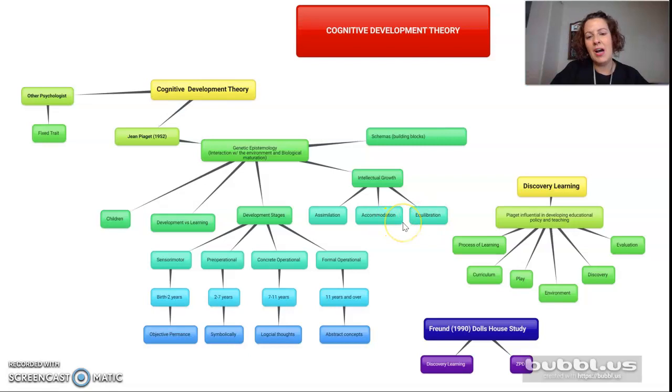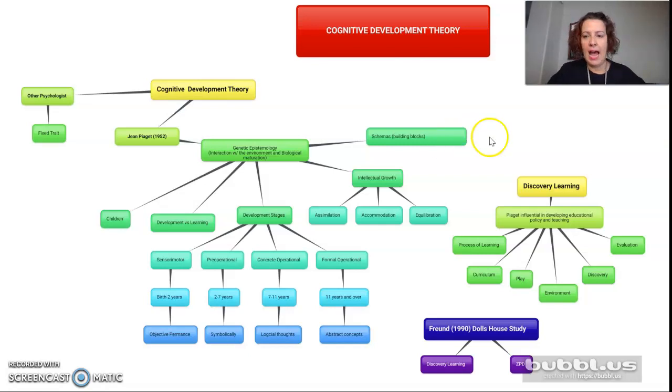You may not be doing a lot of the accommodation aspect of it, but if you are, you're doing it not as often, because if there's not equilibration, then you have disequilibration. So once again, the intellectual growth: assimilation, accommodation, equilibration, and it links into your schemas and your building blocks of that knowledge of linking those together cohesively.